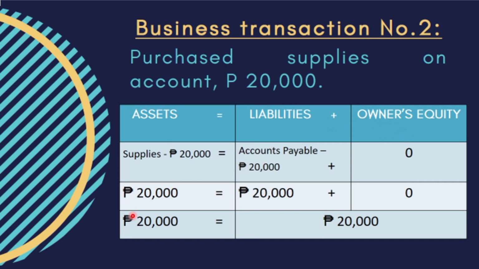So on the left side, assets equals 20,000, and on the right side, liabilities plus owner's equity, 20,000 plus 0. So total assets is 20,000 and the total liabilities plus owner's equity is 20,000. At the end, it is very important that our accounting equation is balanced. And it is balanced because 20,000 equals 20,000.